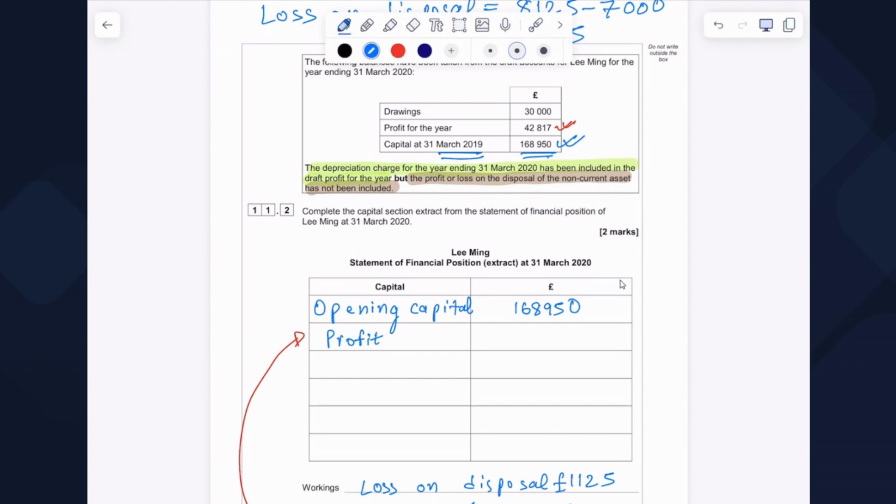So what we will be doing here is subtract 1,125 from 42,817, which would give us £41,692.